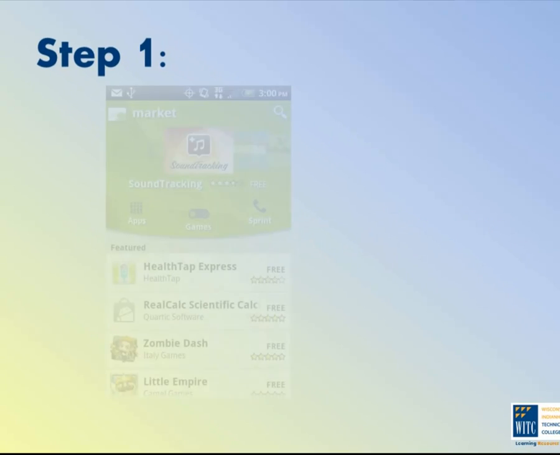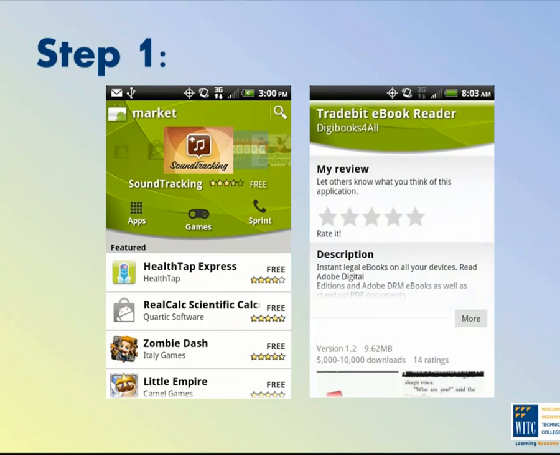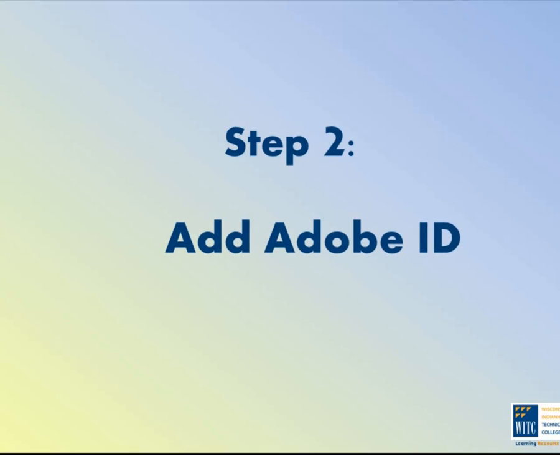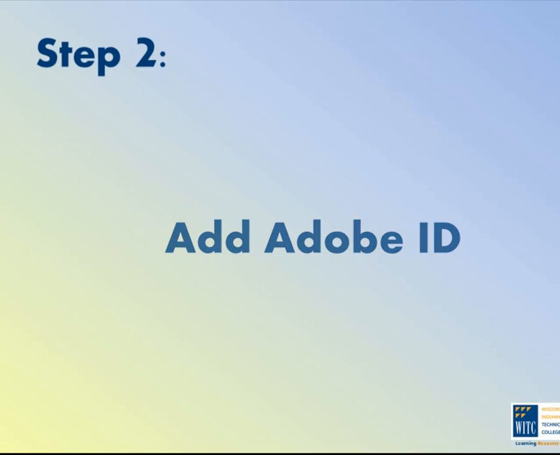So pop onto the Android market, search for an application called TradeBit, and then go ahead and download and install that. Now once you have it installed, you have to add your Adobe ID that you created to the application.